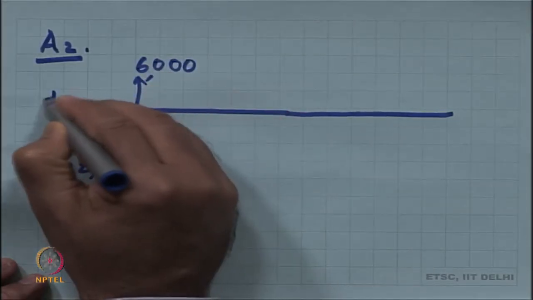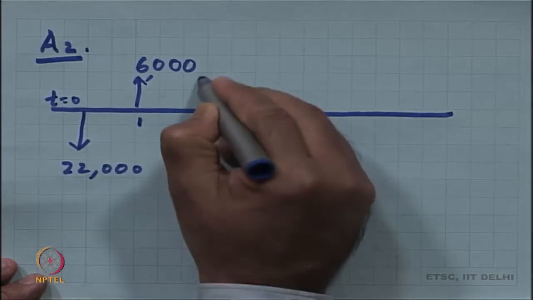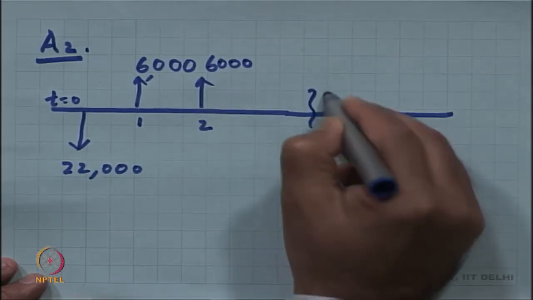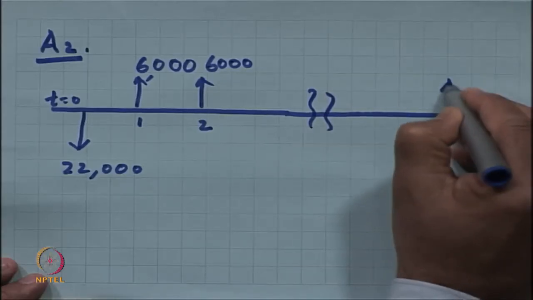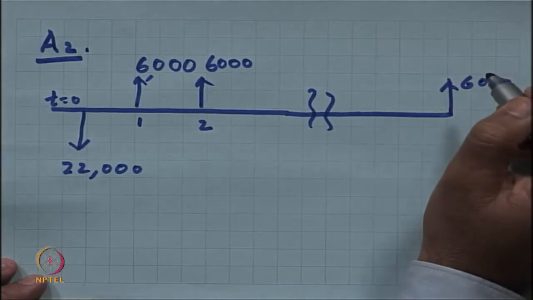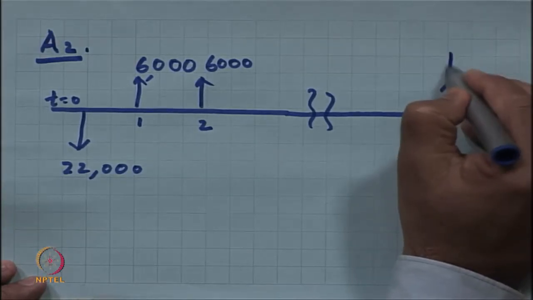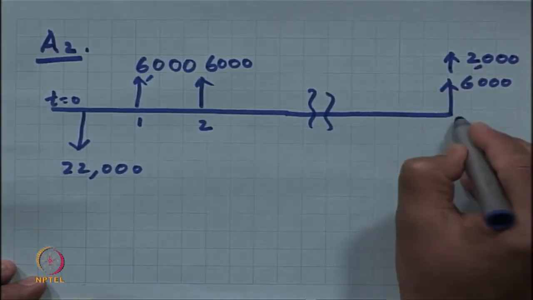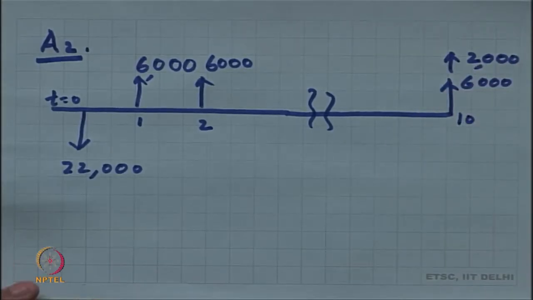So, this is at time t equal to 0, this is year 1, this is year 2, this is 6,000 again, and finally at the end of year 10 we have got 6,000, and you are also given that the salvage value is 2,000. So, this also I keep here at the end of year 10. Having drawn this cash flow diagram, now I am in a position to find out the internal rate of return. That will be the first method.